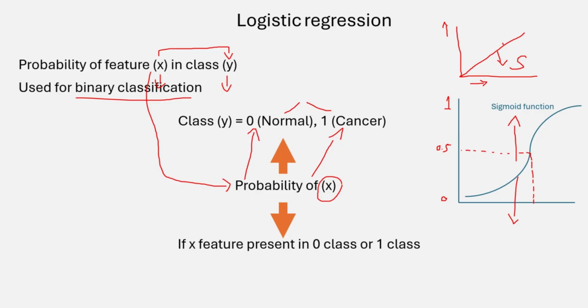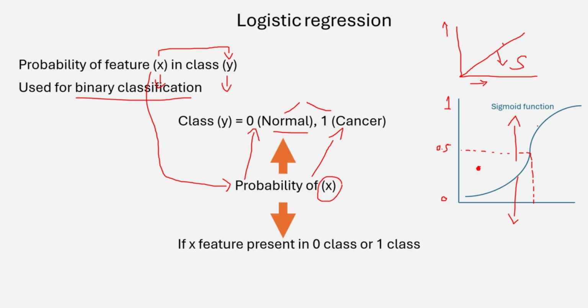Okay. So what this decision boundary is telling you is that if the sample falls here, this will be your zero class, and the zero class is normal. So if your unknown sample falls below 0.5, it's going to be classified as normal.